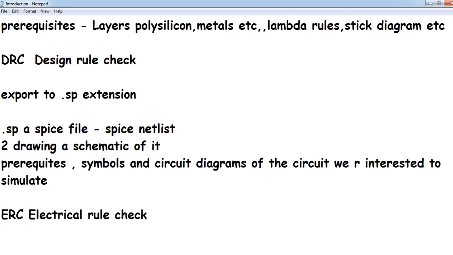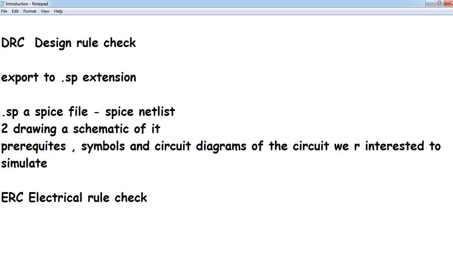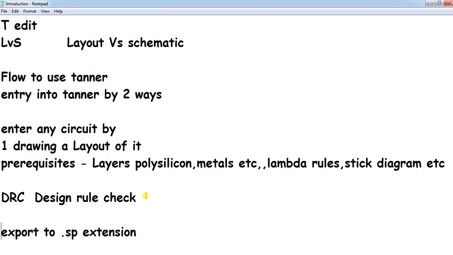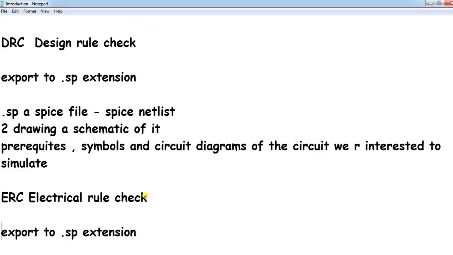While checking this, the S-Edit will check the electrical connections between the circuits and give you results. After that, you can export this to .sp extension, which stands for spice netlist. Now, by going to either S-Edit or L-Edit, layout or schematic, we can reach up to .sp extension.